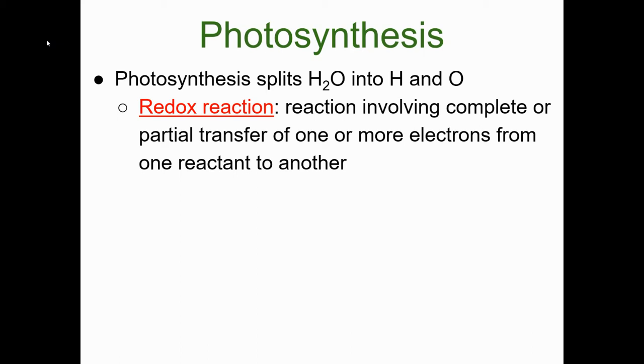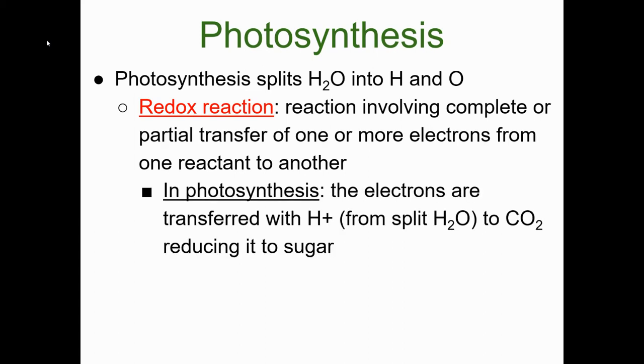Redox reactions are the complete or partial transfer of one or more electrons from one reactant to another. We'll talk about this in more depth, but redox reactions are happening in both photosynthesis and cellular respiration. So we'll talk about it in this section, and then we'll go back to it when we talk about cellular respiration. But it's just the transfer of electrons.